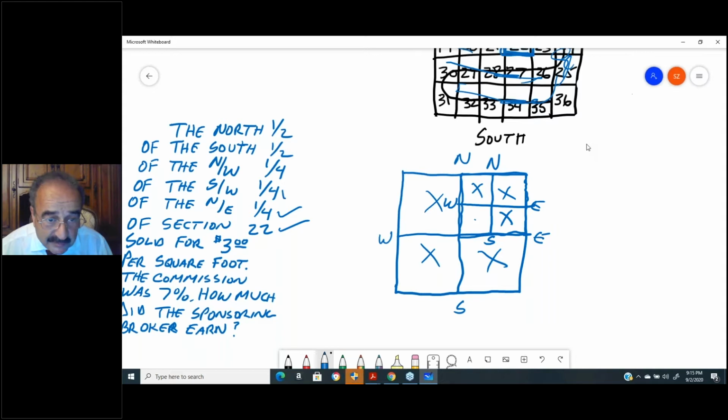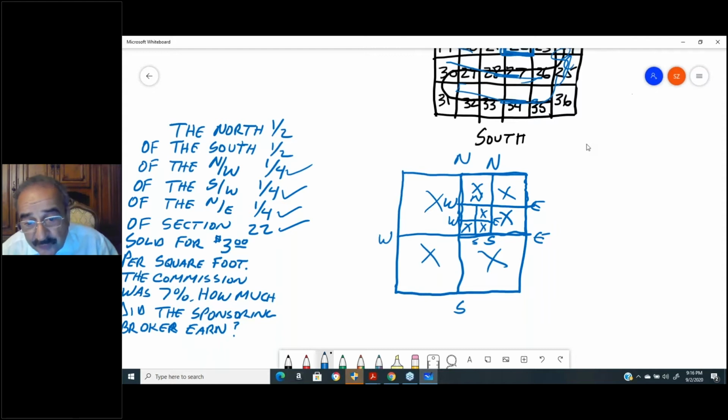Now see what's left over here. What I want is the northwest quarter of this, so I need to quarter this again. Always draw my compass points. What I want is the northwest quarter, which is this one here. I don't want this. I'm left with this part right here.